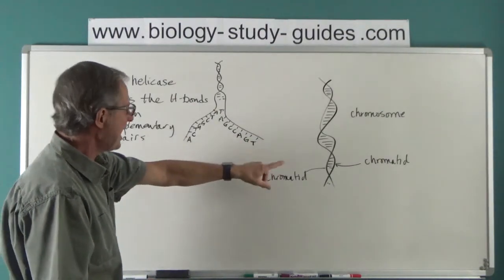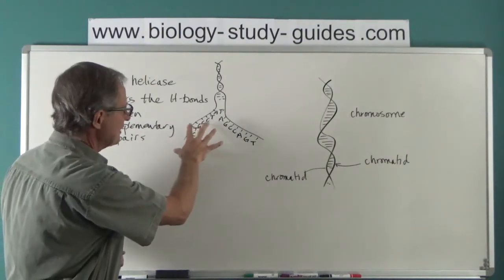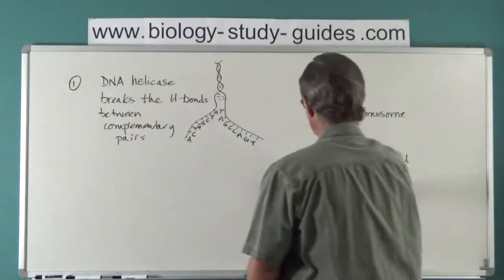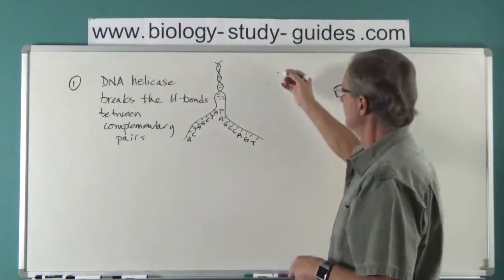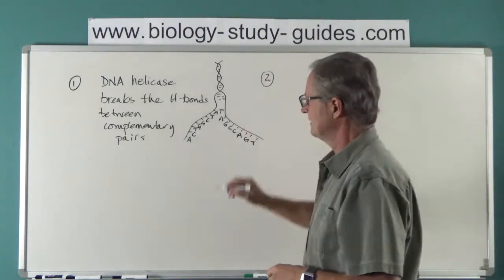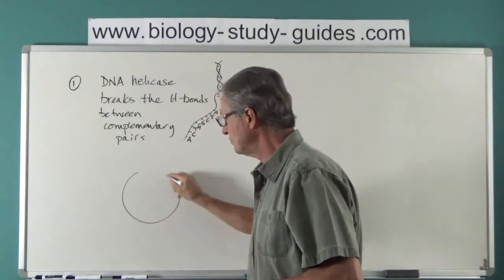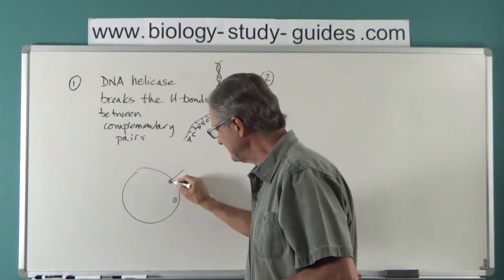The second thing that happens is complementary nucleotides have to be moved into position here. I'll erase this and I'll follow this with the second thing. Remember the story about the nucleus, and the nucleus has the nuclear pores in it and things can get into the nucleus?